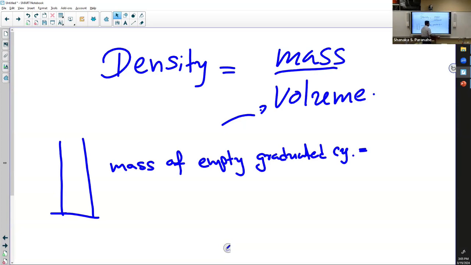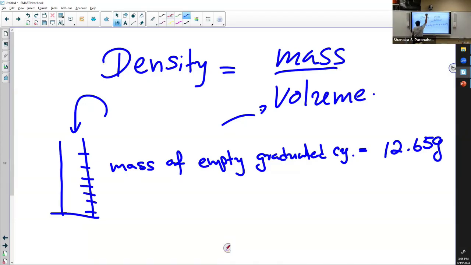Let's say this is equal to 12.65 grams. Then I'm going to add my liquid. This is a calibrated cylinder. I'm going to add the liquid until it reaches roughly 8 to 9 milliliters, like this.